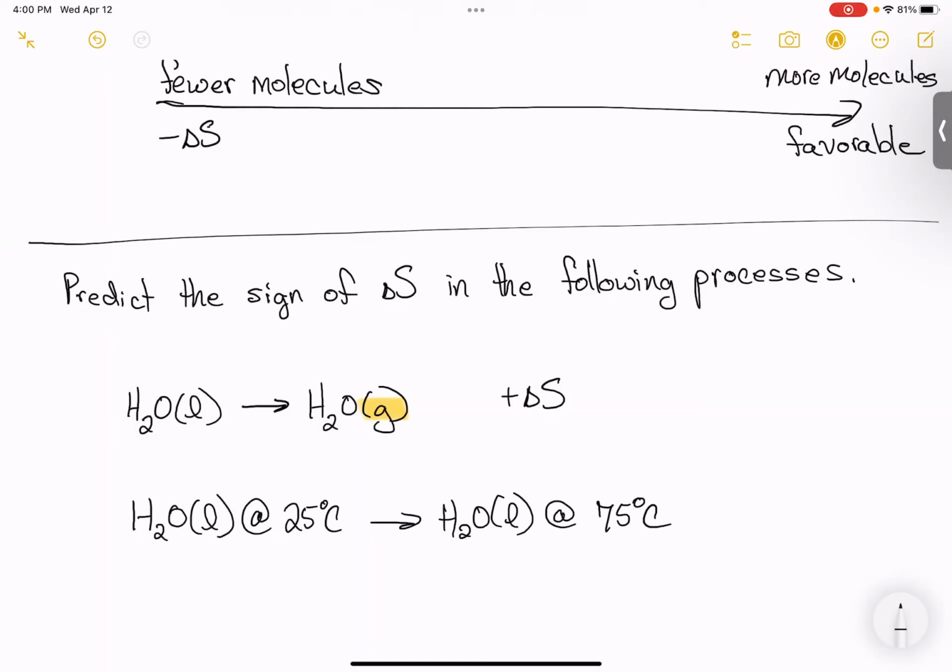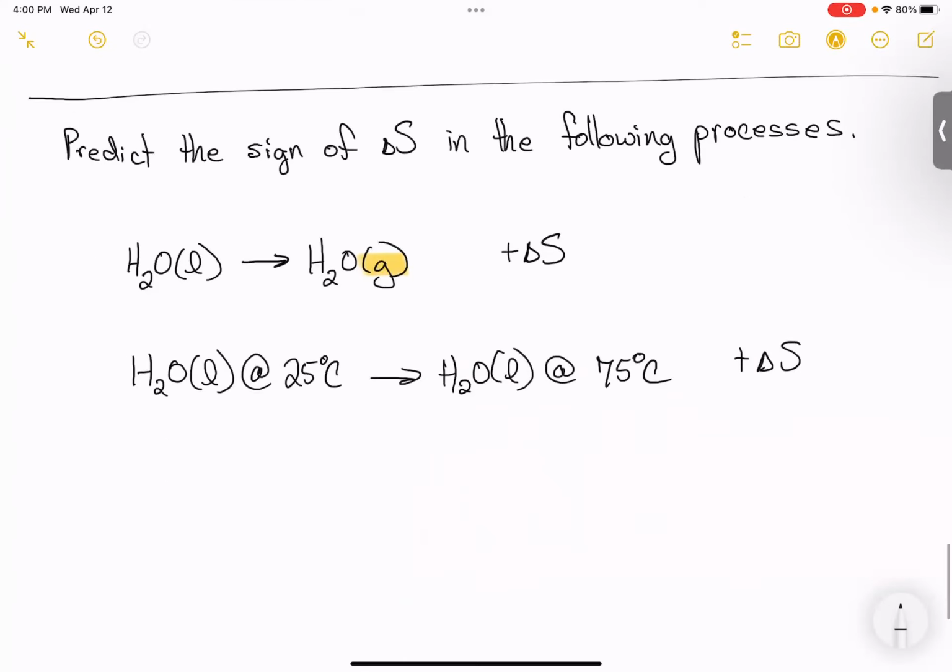Positive. Again, it's going to favor the products because if we think about what's going on with water, at 25 degrees Celsius, it's just wiggling around. As it gets higher and higher in temperature, it gets crazier and crazier. So you would expect more chaos.